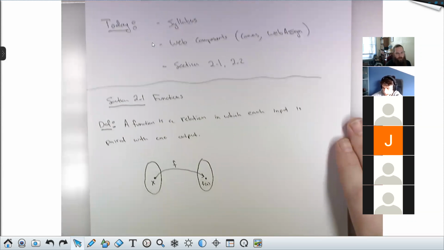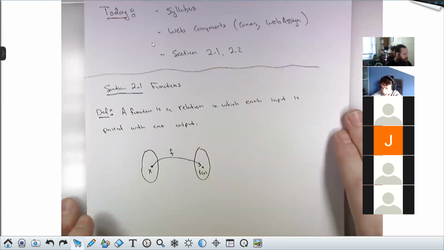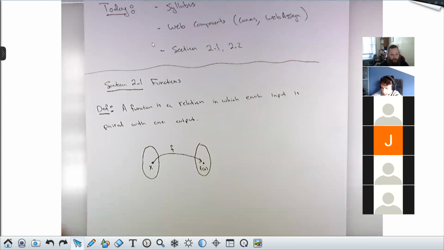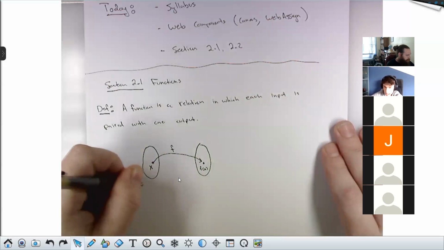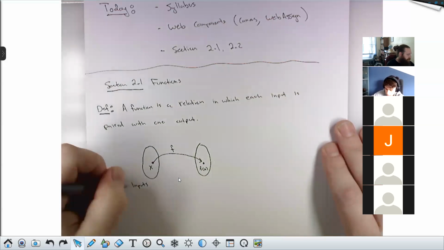So contrary to the notation or ideas that may have been kind of planted in your head by overzealous algebra teachers, f of x is not the function. F of x is the particular output associated with the particular input x. The function is just f. Now, the set of all these inputs we call the domain.